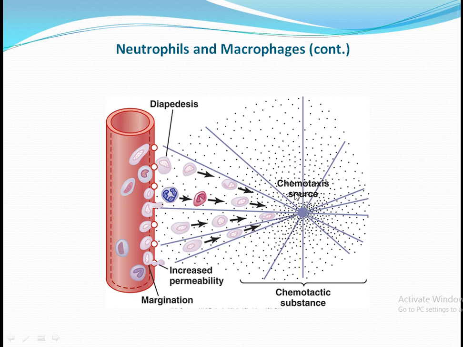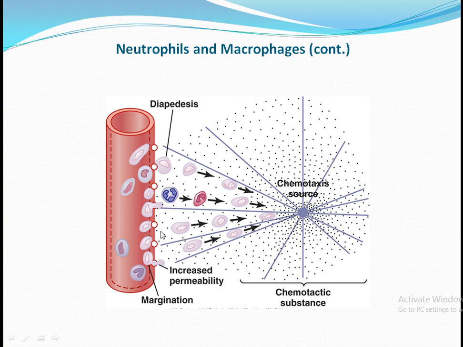It is most abundant closer to the magnet and becomes less and less as we go away from this source. Why is it so? Because it is going to attract all these cells.